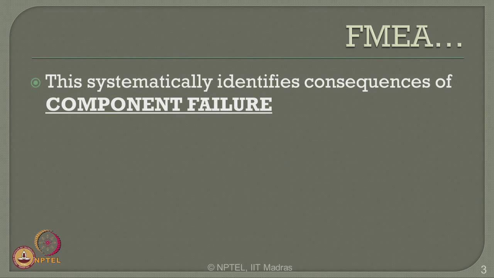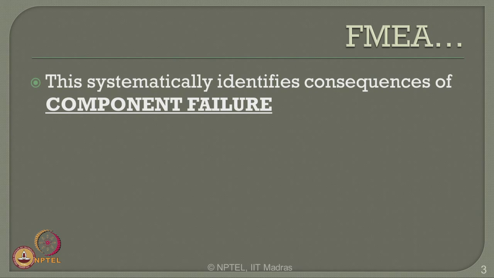FMEA is therefore a systematic tool to identify the consequences of a component level failure. We all know that a mechanical system is a combination of different subsystems, which we call components. The overall system failure is generally driven by the failure of different component levels.